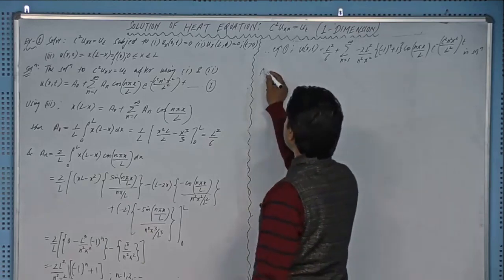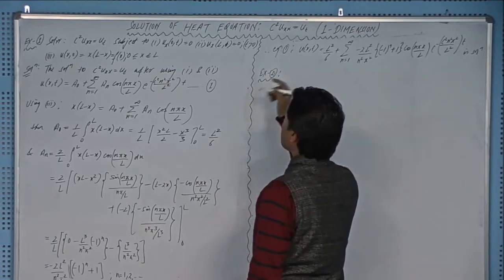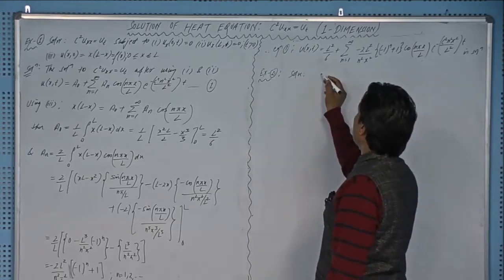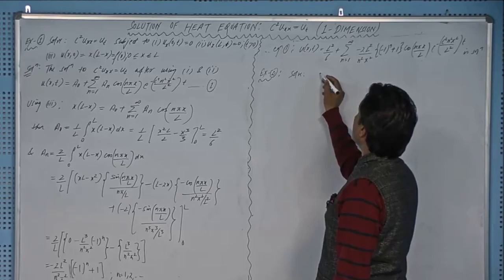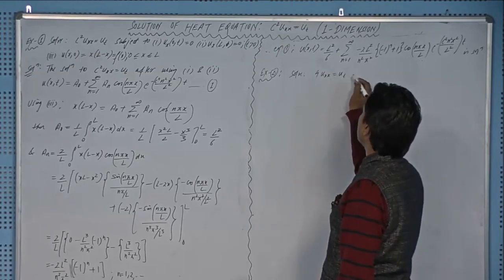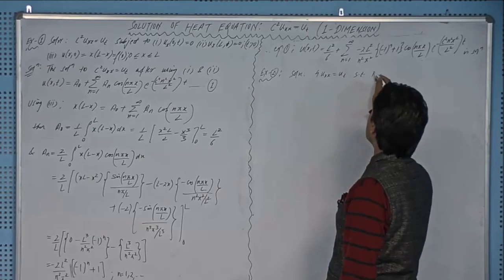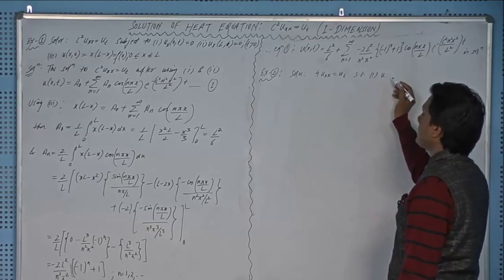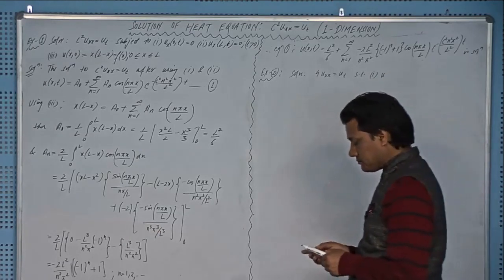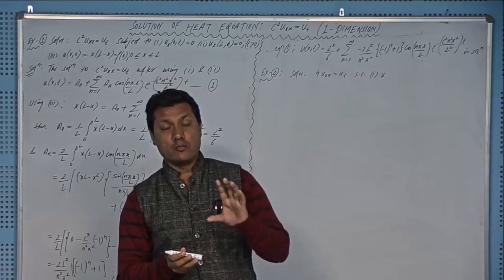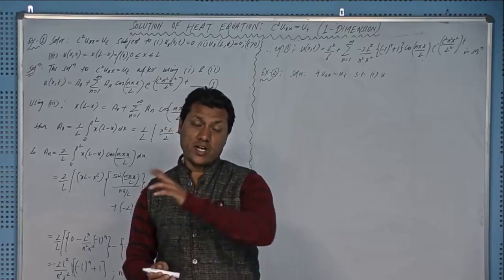See, taking another example, example number 2, let me solve 1 over 4 u_xx equal to u_t subject to the first condition. Let me take the left hand side insulated, while the right hand side is maintained at 0 temperature, and this is a kind of mixed case of case number 1 and case number 2.